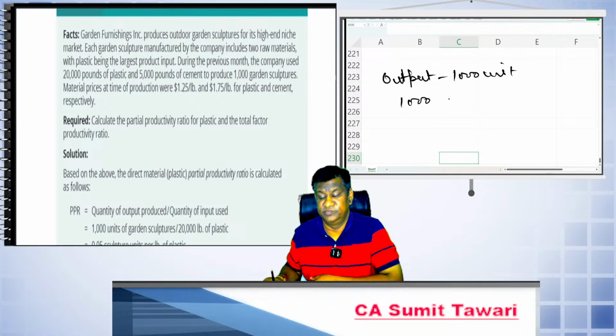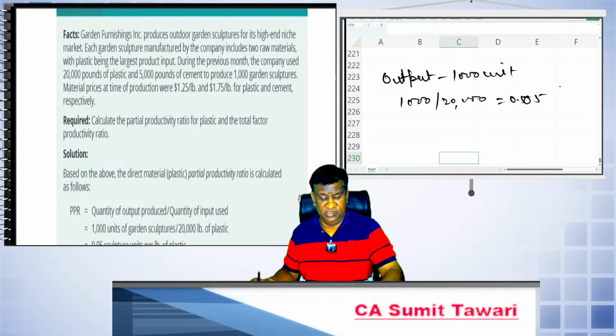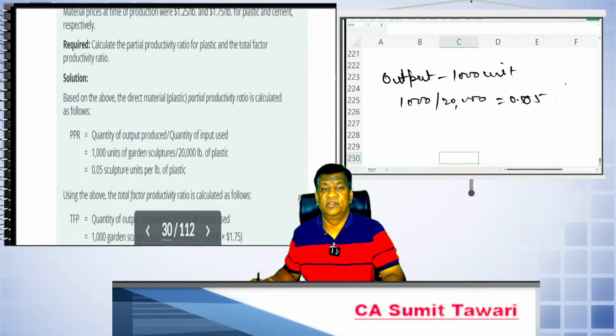The output is 1,000 and the actual is 20,000. So per unit it is 0.05 sculpture per pound of plastic. And the ratio something, what's our way?